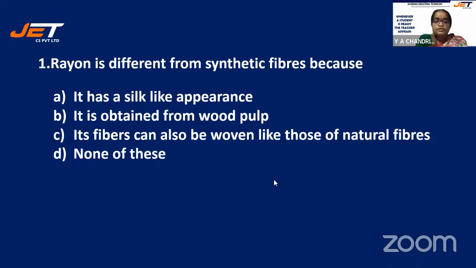So the answer is: it is obtained from wood pulp. Rayon is different from synthetic fibers because it is obtained from wood pulp.